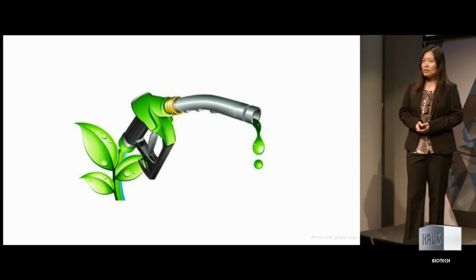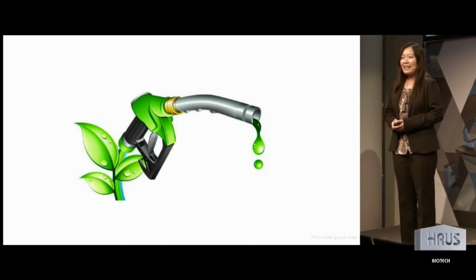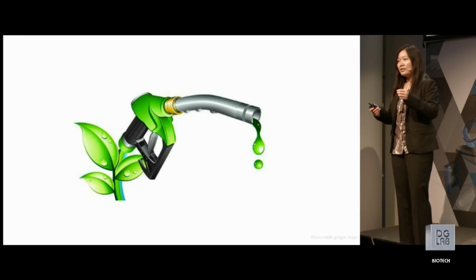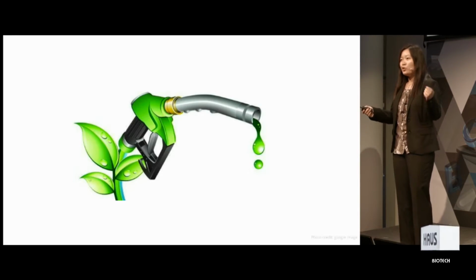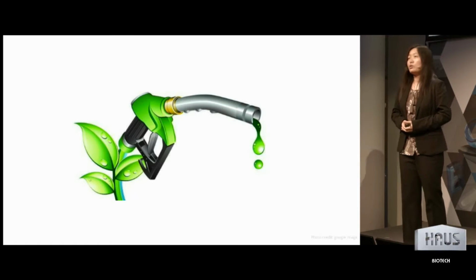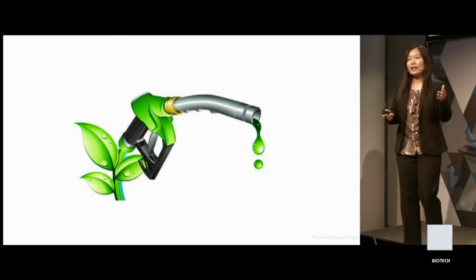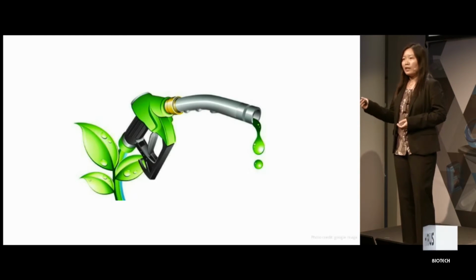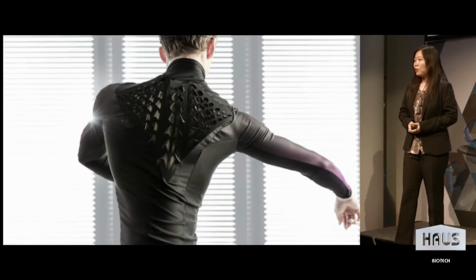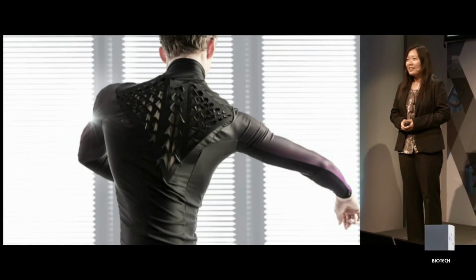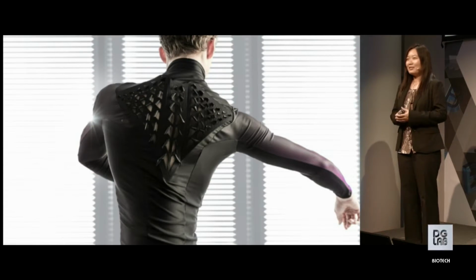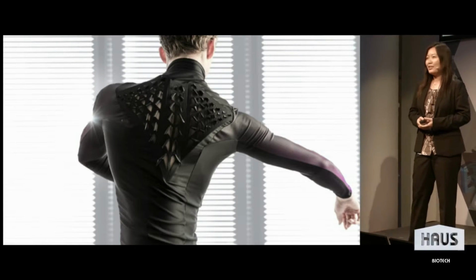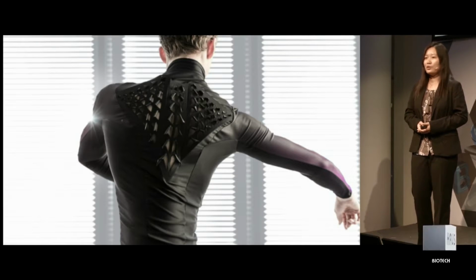Or can we just engineer a plant that has the biofuel in its vein, and you can connect the plant to maybe your car tank and fuel the car, removing the steps of bioprocessing from the biomass to bioethanol and biodiesel? Or maybe can we grow clothes in our own wardrobe, and the clothes can understand us, understand the skin condition, and also we don't need to use all these crude oil-derived chemicals.